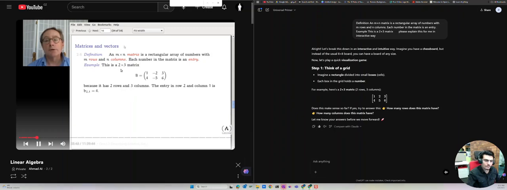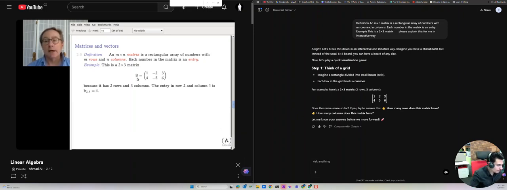Always the number of rows first. You often name matrices with capital Roman letters.